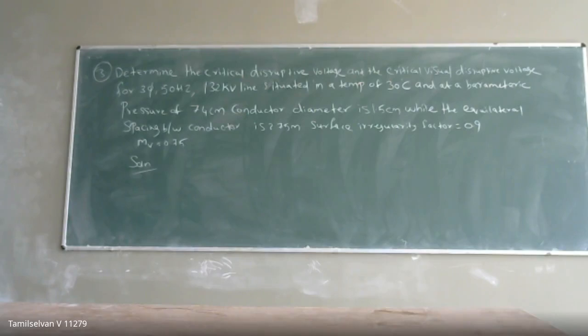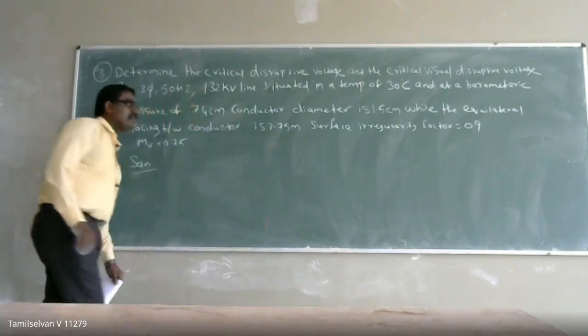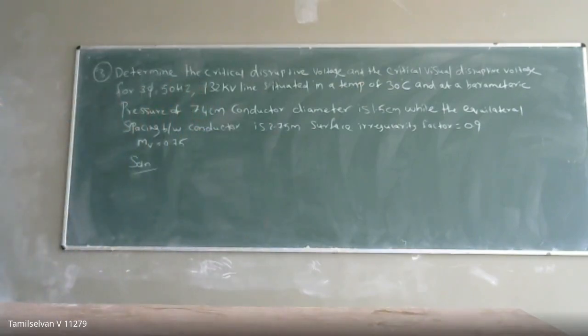Conductor diameter is 1.5 centimeter, the equilateral spacing between the conductors is 2.7 meter, surface irregularity factor is 0.9 and MV is 0.75.